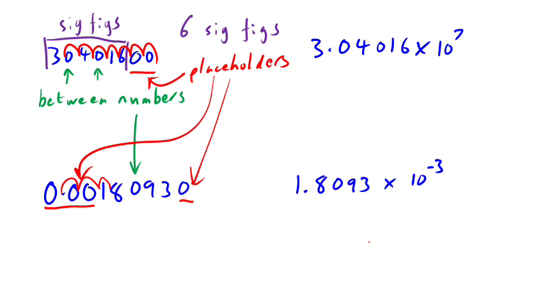We're making it a smaller number. So this one has 1, 2, 3, 4, 5 significant figures. So that's 5 sig figs for that number. And so we're starting to get the hang of what counts as a significant figure, what placeholders are, and how to write up this notation.